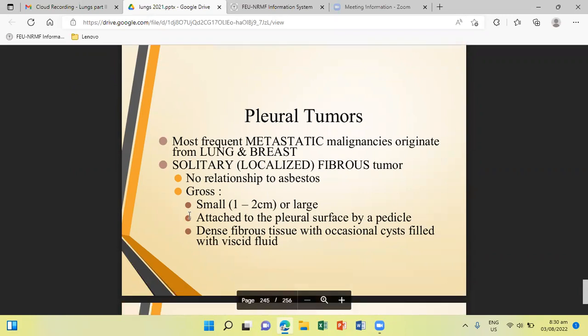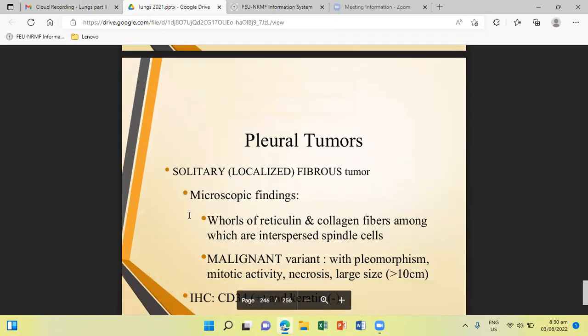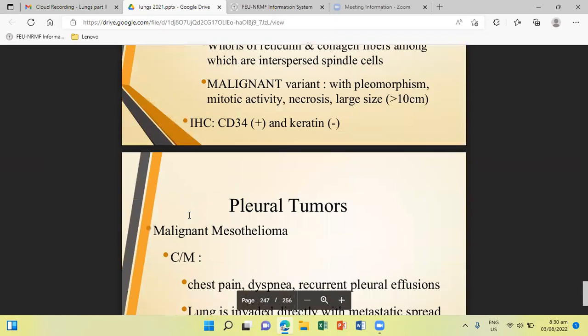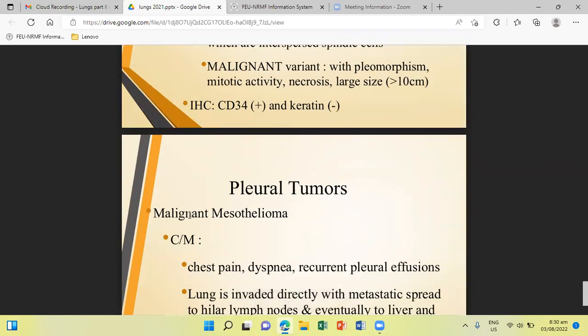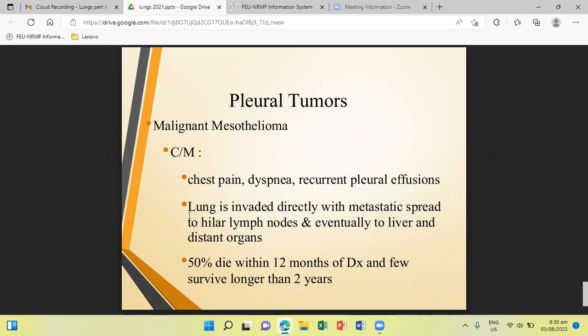On the other hand, this is an example of a malignant tumor, which is called malignant mesothelioma. Malignant mesothelioma is an important tumor because it arises or it is encasing your lung. Let me show you the image first.